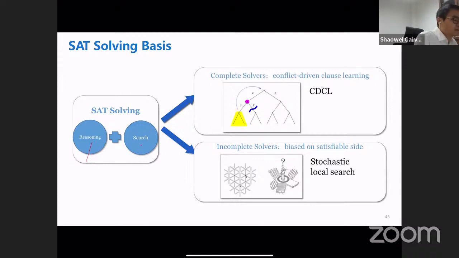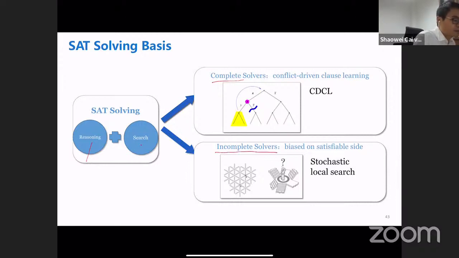We can, roughly speaking, divide the SAT solvers into two types, the complete solvers and incomplete solvers. For complete solvers, the word complete means that when the algorithm terminates normally, it will eventually decide yes or no for the formula. But that does not guarantee the time to terminate normally.